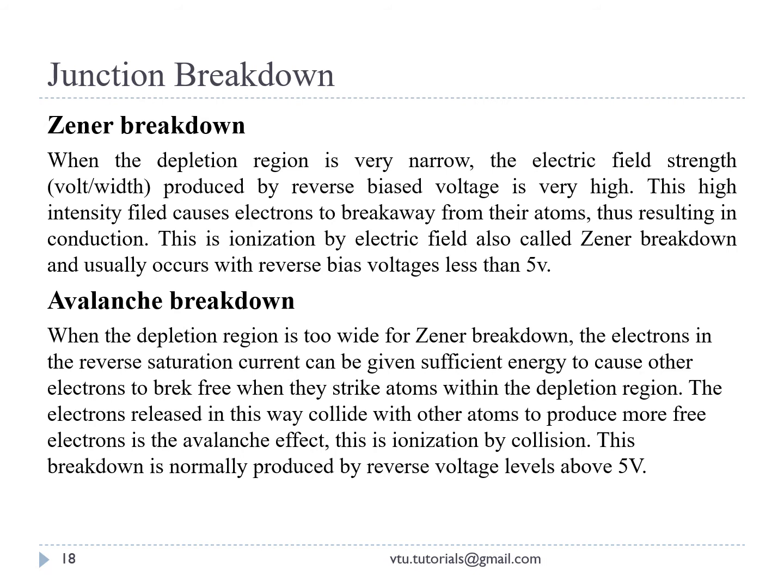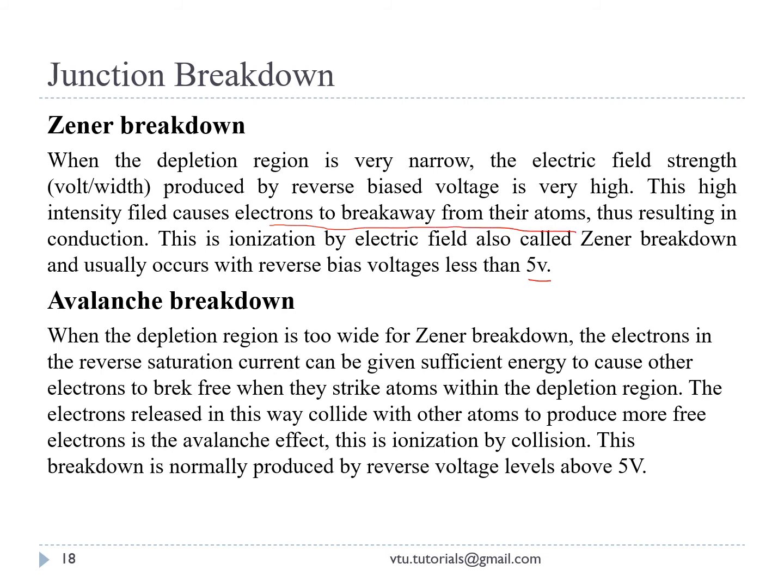This high intensity field causes electrons to break away from their atoms, resulting in conduction. This is ionization by electric field, also called Zener breakdown, and usually occurs with reverse bias voltages less than 5 volts. So the Zener breakdown is due to the breakaway of electrons from their atoms.